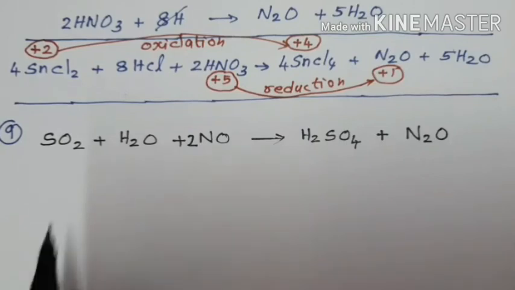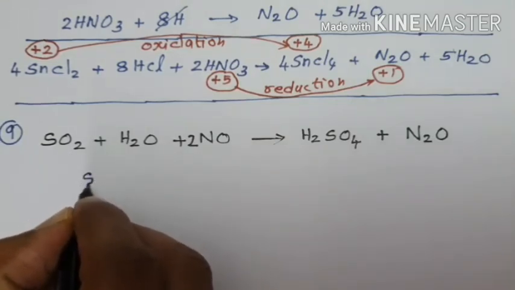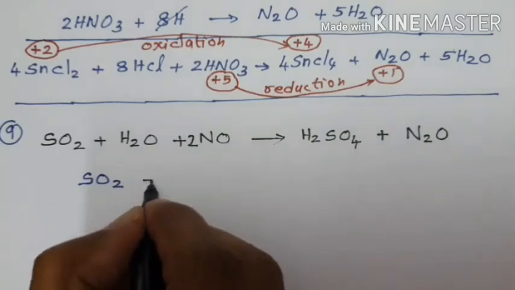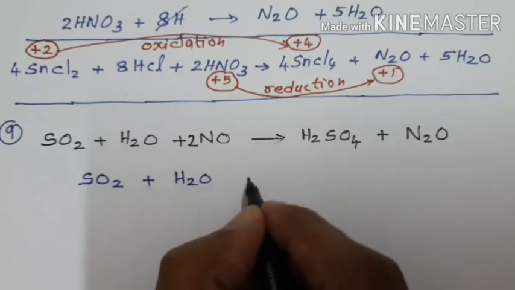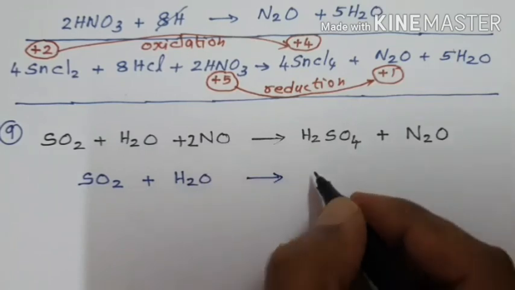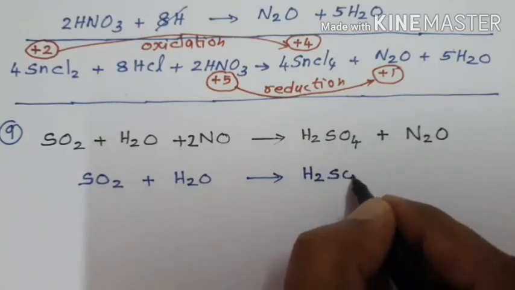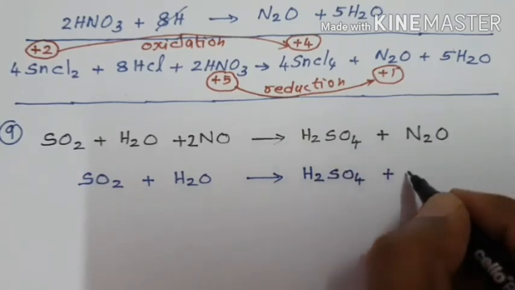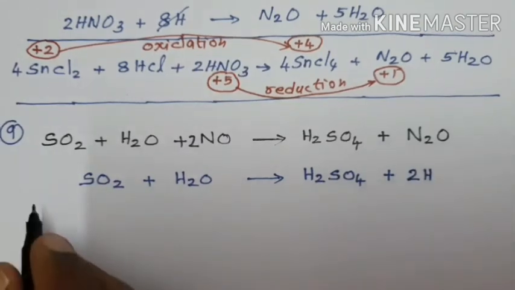Now I am going to write the equation. First, SO2, sulfur dioxide, when dissolved in water H2O, gives sulfuric acid H2SO4 plus 2 nascent hydrogen.